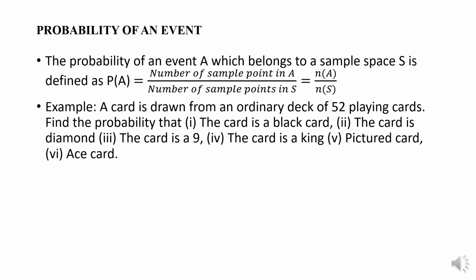So the solution for this: the total number of possible outcomes is 52. We assume that all the possible outcomes are equally likely.